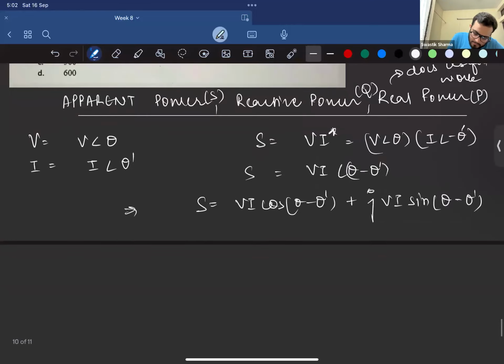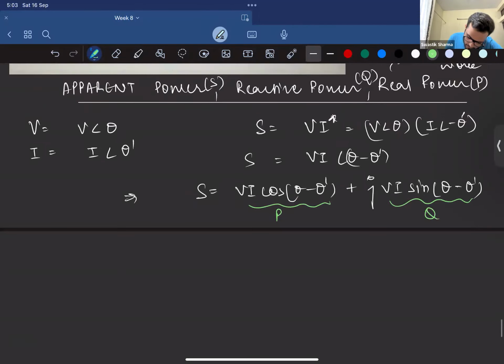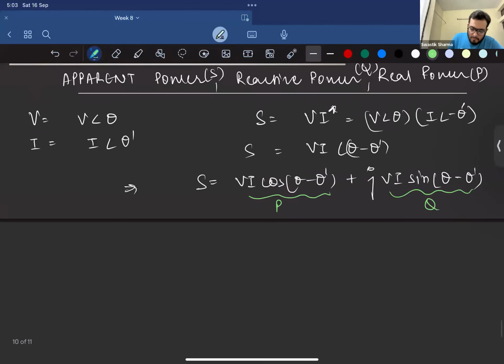In this, the real power is nothing but the real part of this whole value, and the imaginary part is also called the wattless component. P is represented in terms of watts, right? This imaginary term is the wattless component, which is Q. This is called the reactive power.